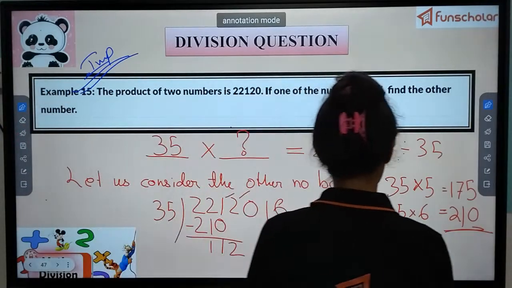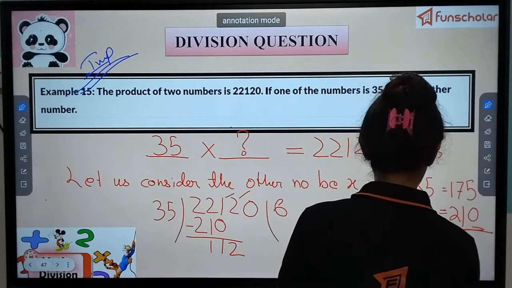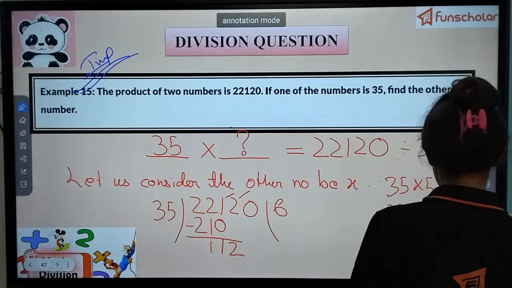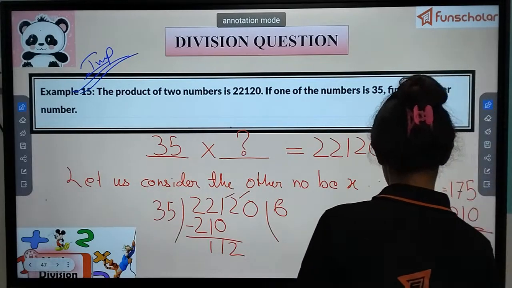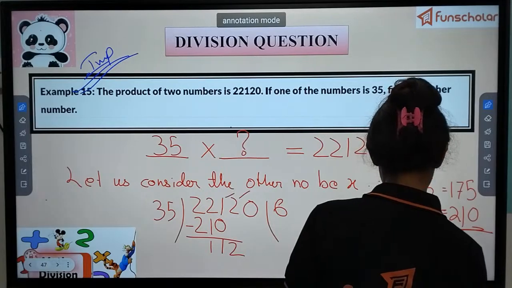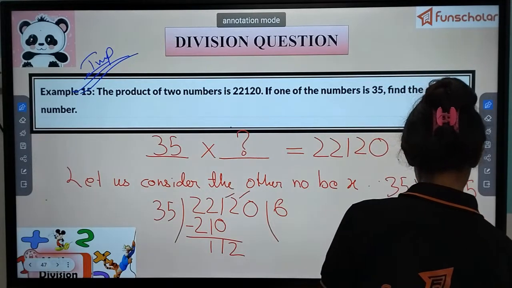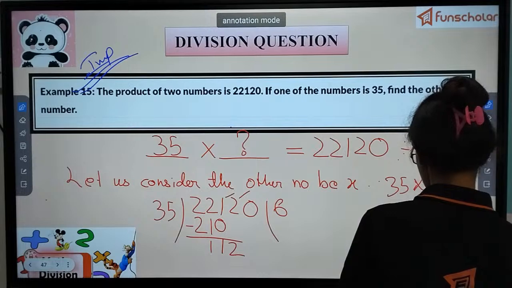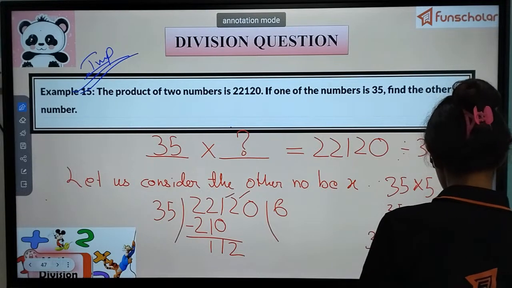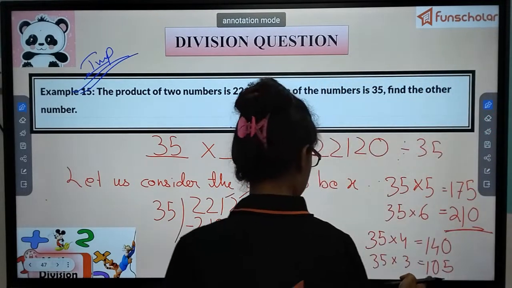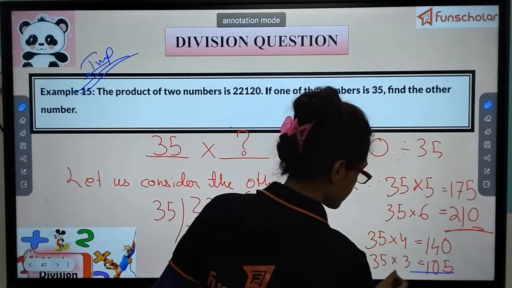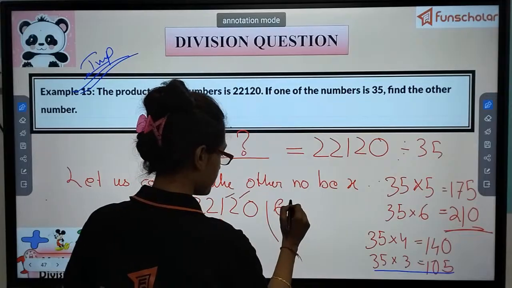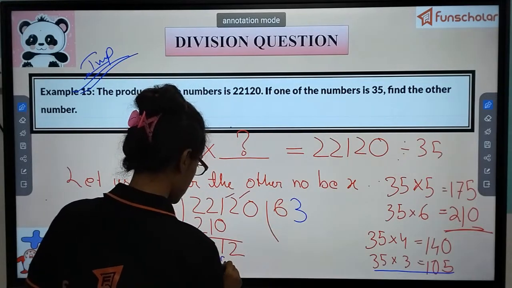Okay. 35 into 4. So 35 3s is the second nearest number. So 35 3s are 105.